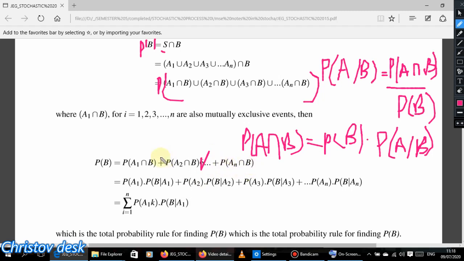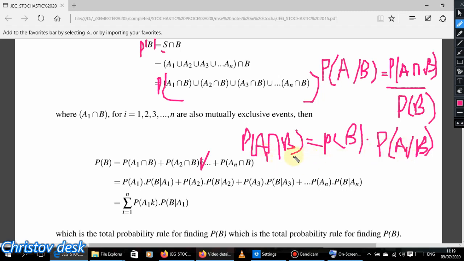And remember from this we are saying that the probability of A intersection B is given as B. So if I put A1 here, then A1 will be here, isn't it?